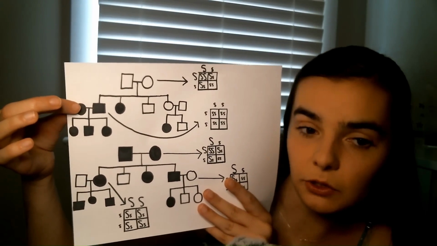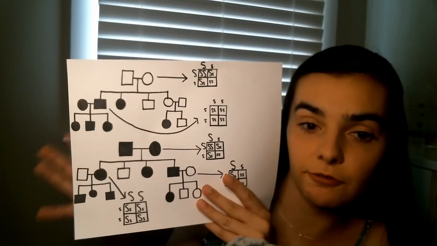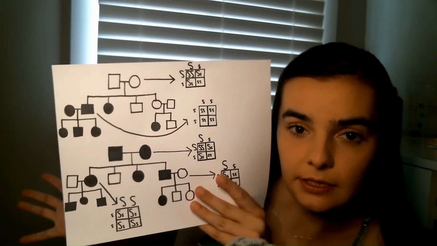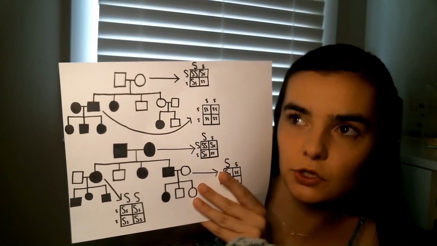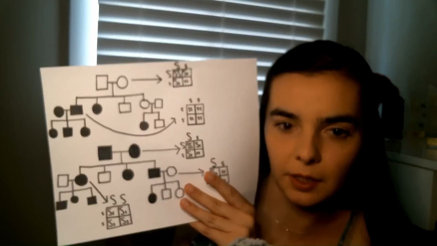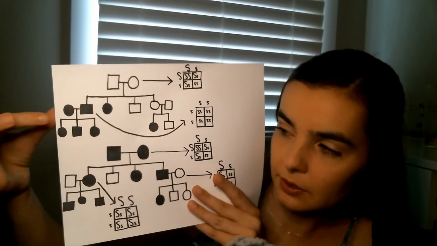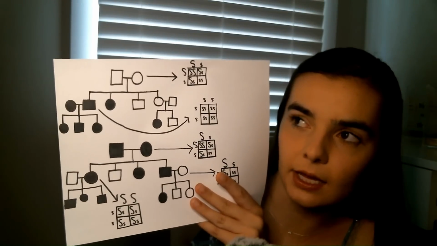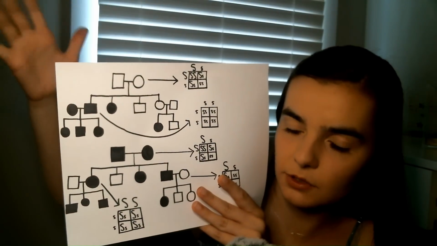And the filled in shapes are affected by whatever disease you are looking at. So you draw these when you're thinking about a disease. The filled in ones have the disease and the blank ones do not.